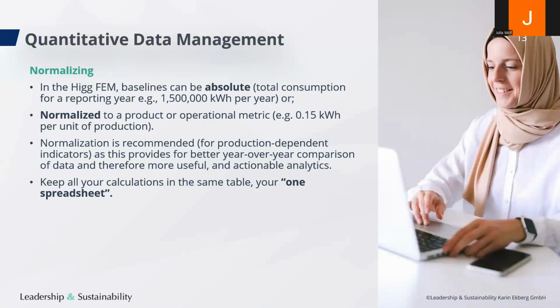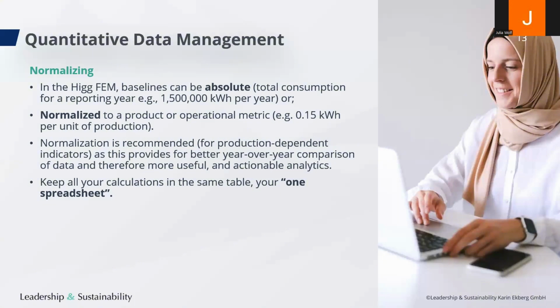And so the baselining, the target setting, etc., can be absolute or normalized. Absolute is just keeping the numbers that you have and not relating them to production. And normalized, as I said, is then for example, as we see here, 0.15 kilowatt hour per unit of production.